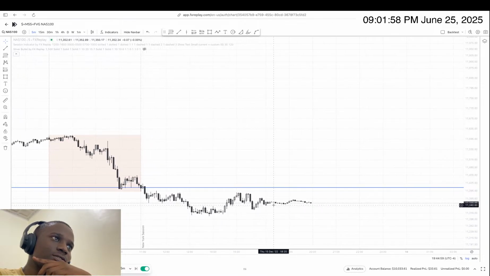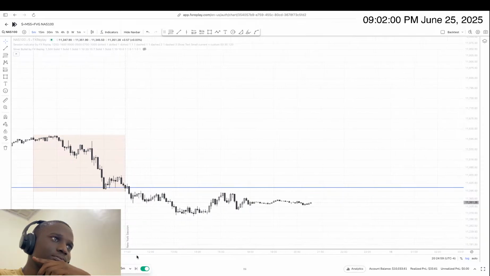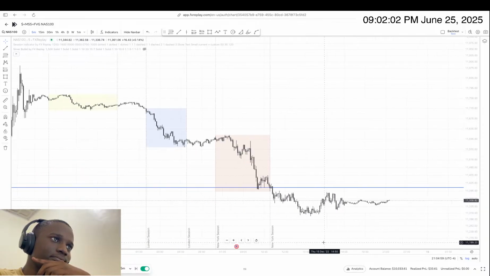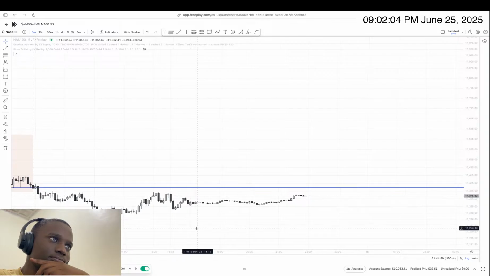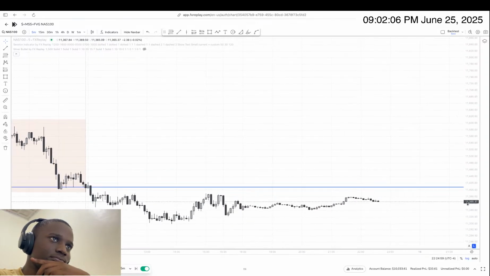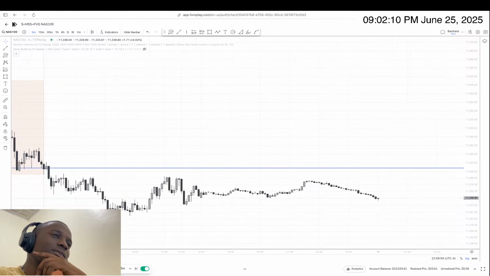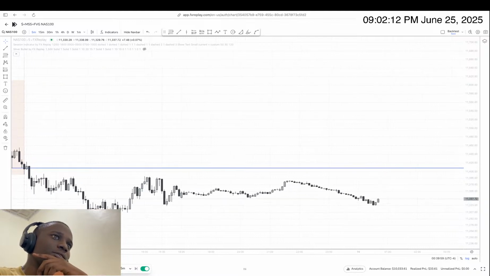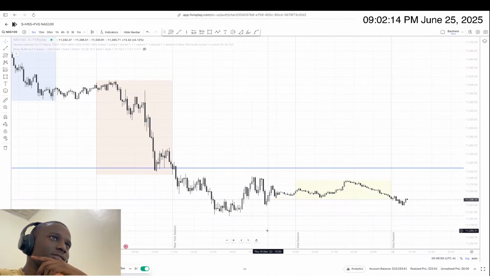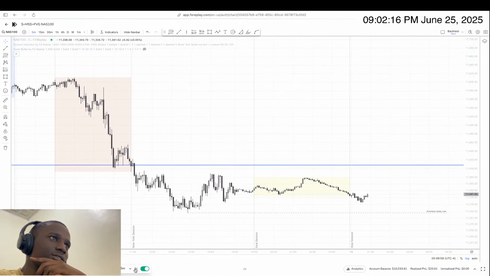You can see the overnight consolidation. Since we took out the liquidity from yesterday, I would now like to see a push to the upside, and you can see that Asia has just ended. We took out the low from Asia.